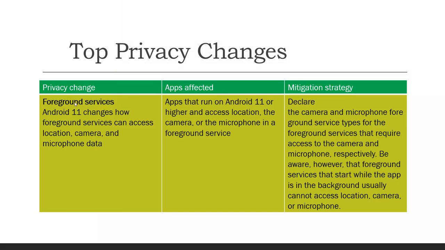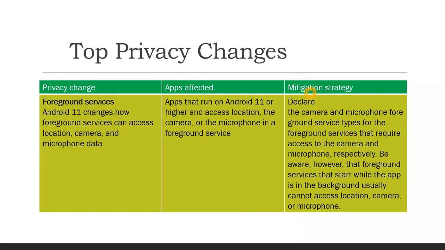Our next change will be foreground services. Android 11 changes how foreground services can access location, camera, as well as microphone data. Which apps are affected? Obviously Android 11 and higher apps, whichever apps are accessing the camera, location and microphone, will be affected.